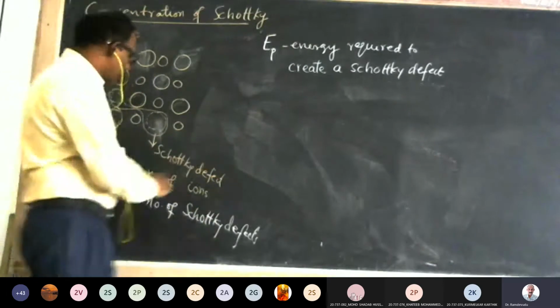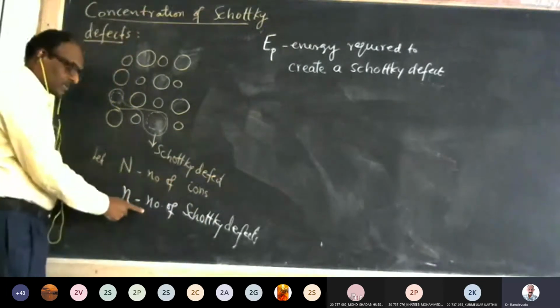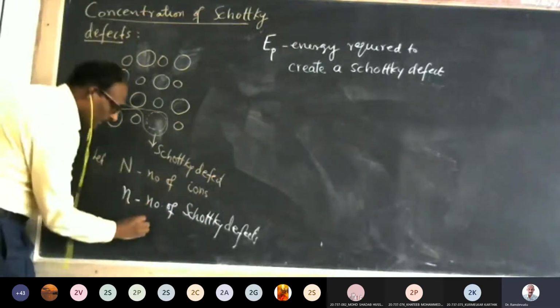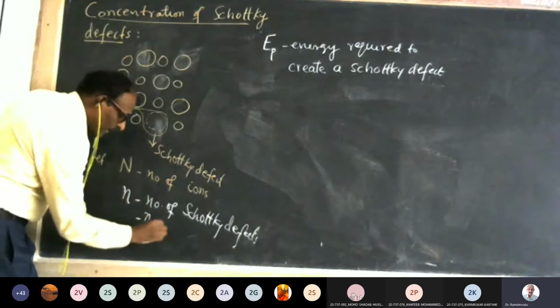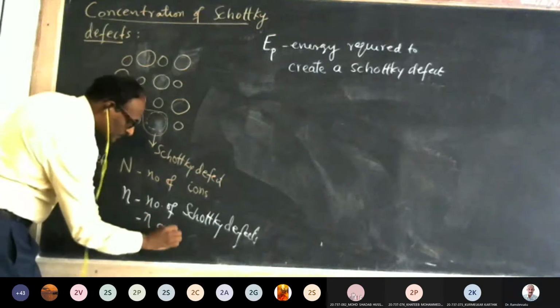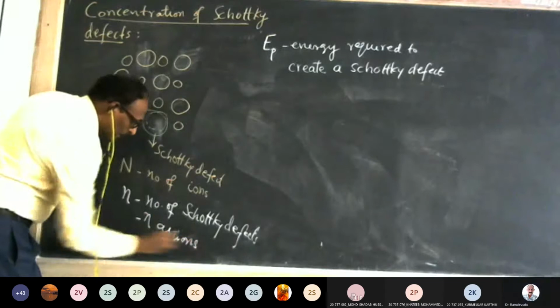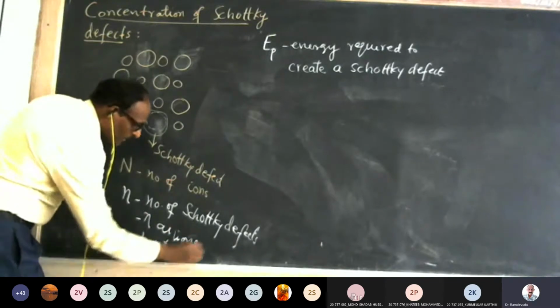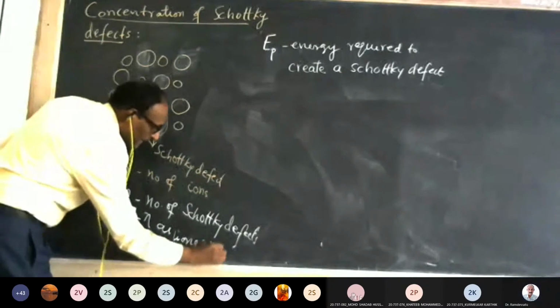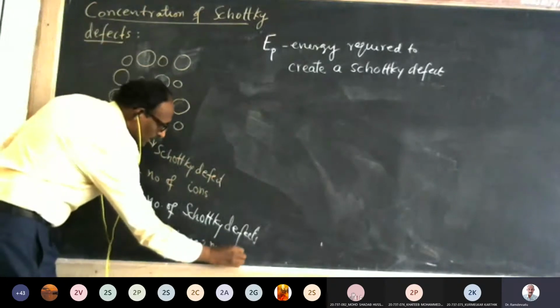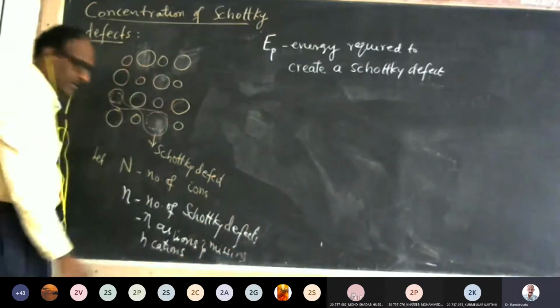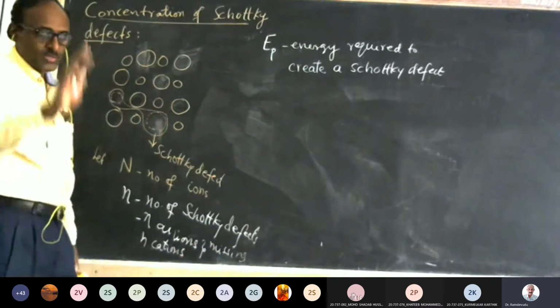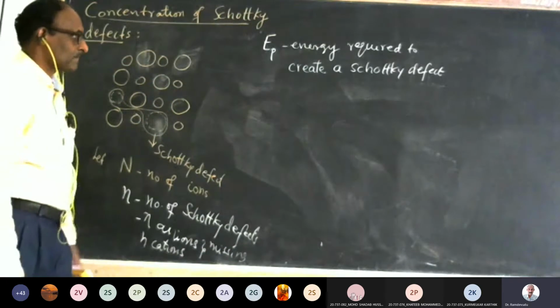Therefore, if I have n Schottky defects, it means that n anions and n cations are missing, because a Schottky defect is a pair. n anions should miss, n cations miss.